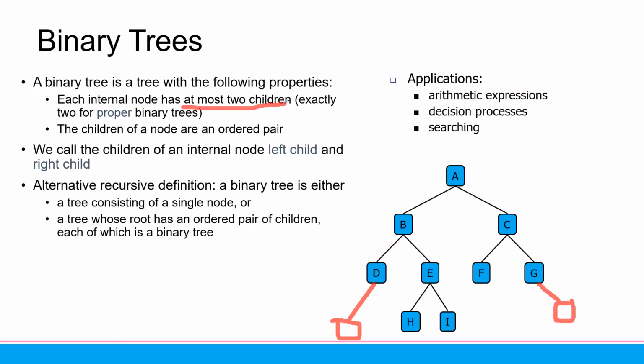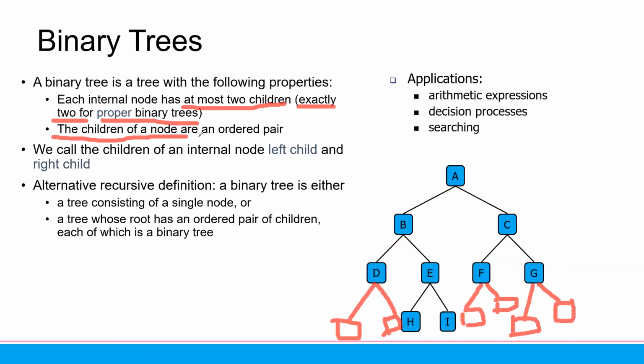At most 2 children means the maximum is 2. So 1 is possible. But if everything is exactly 2, so this one is exactly 2, this one exactly 2, and this is also exactly 2. So we call this a proper binary tree, because every internal node has exactly 2.